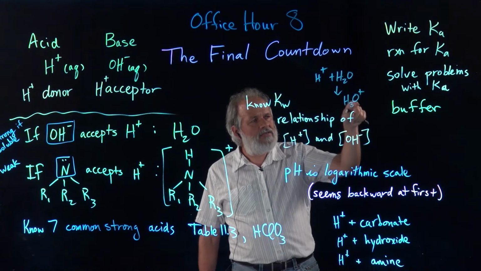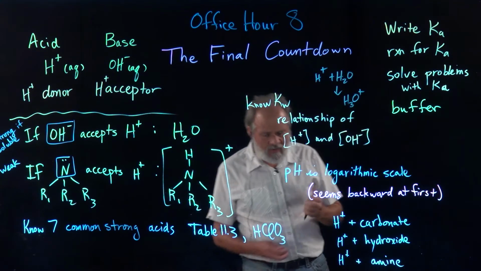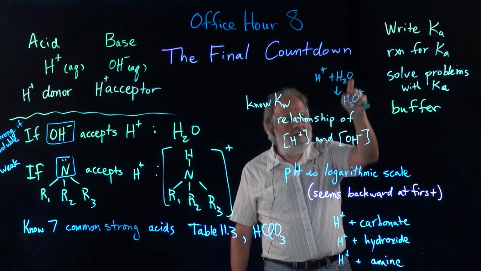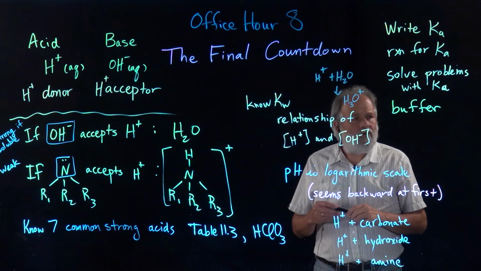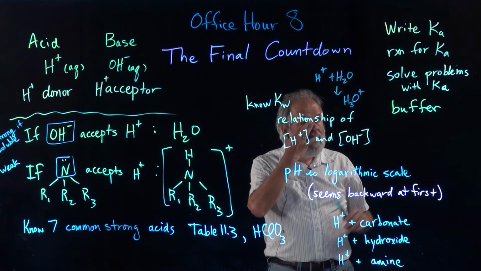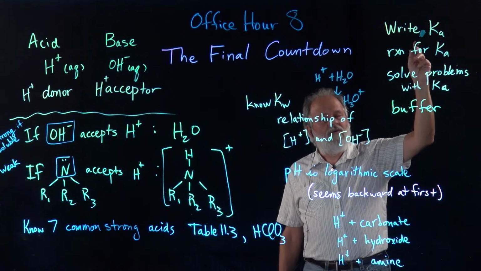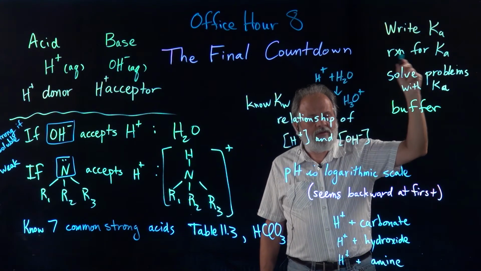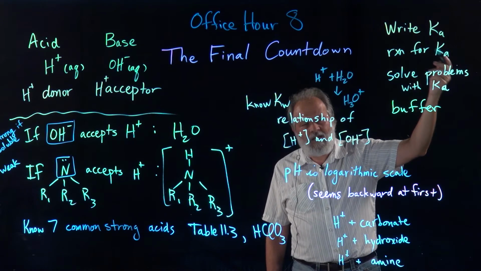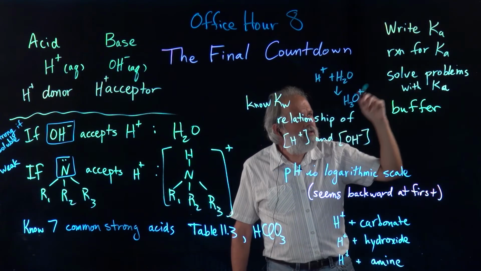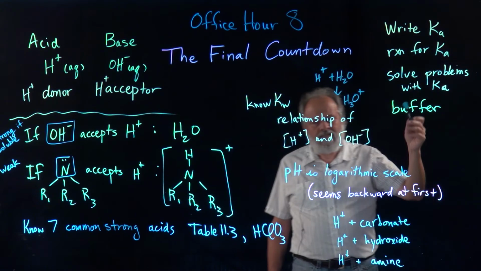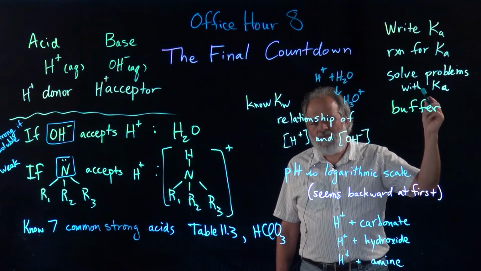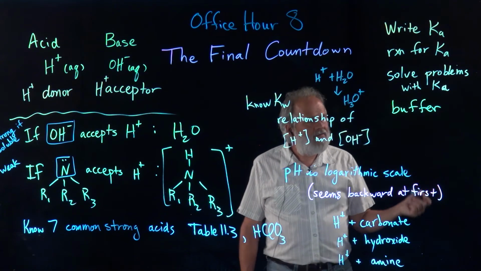Okay, so H plus aqueous and H3O plus aqueous are really synonymous. They only differ by the H2O in the formula or not. However, once you are able to write the chemical equation, you should be able to write the equilibrium constant expression, and then actually be able to solve problems with the equilibrium constant, given some of the concentrations.